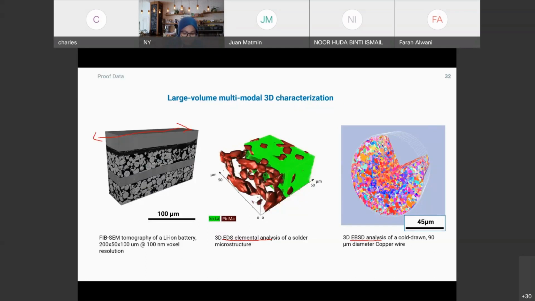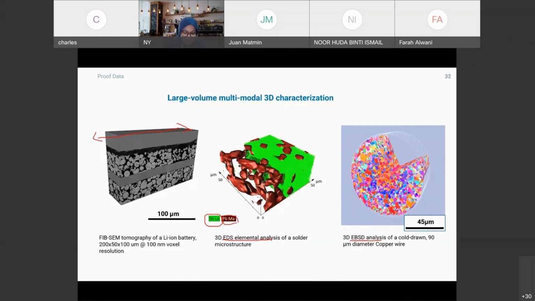We generate a pool of data here. We can have this 3D tomography reconstruction. We can have EDS elemental analysis data here. You see, this is the tin element, the lead element, and then we can have crystalline detail information from the EBSD. So all information in just one tool.